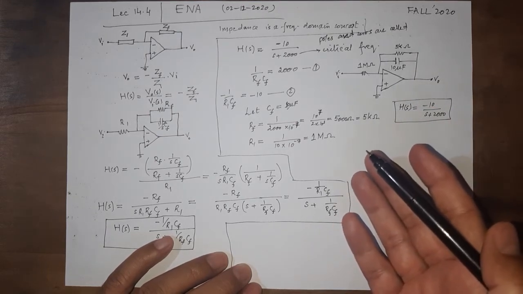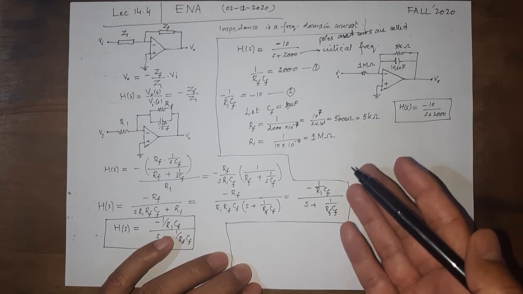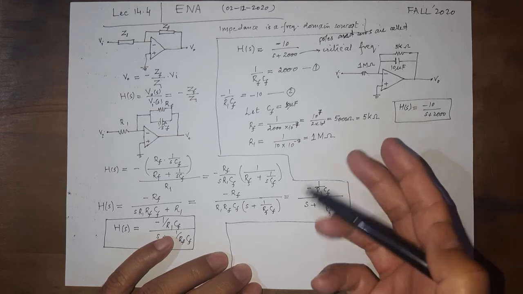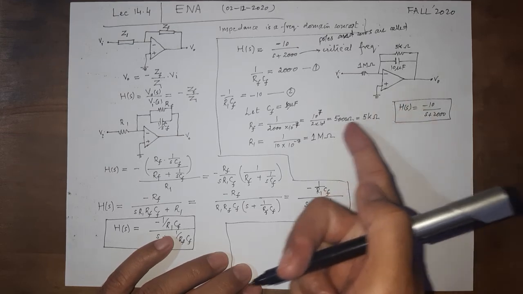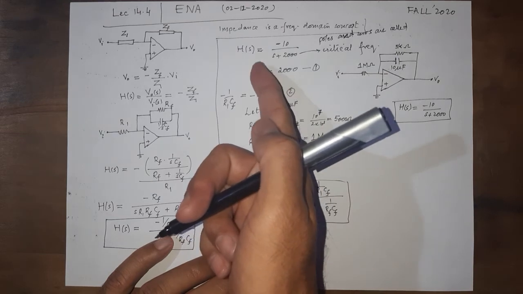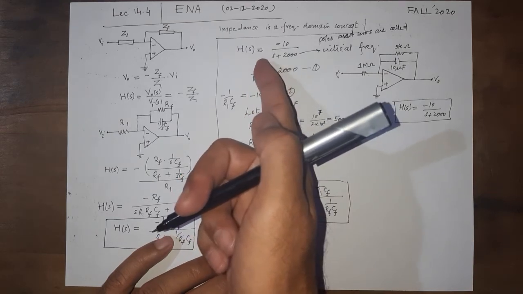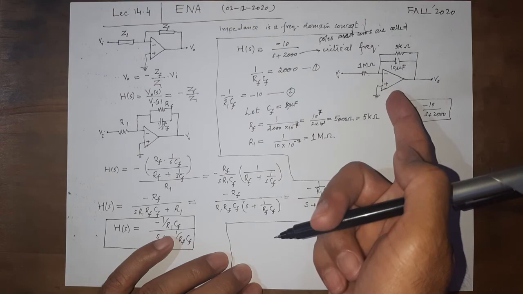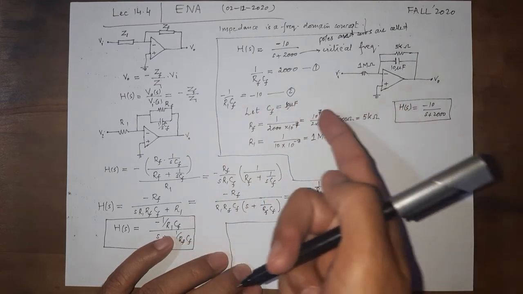This is something we have done for the first time in this course. We have not taken a circuit and found its transfer function. Rather, we have taken a transfer function and found a circuit that fulfills it. That is something very important.